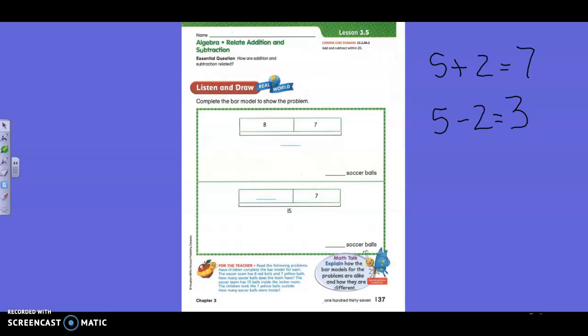Addition or subtraction, do you think? What do you think, Nicholas? We'll add, because we have 8 and 7, right? We have 8, and they have 7 more balls. So altogether we have 8 plus 7 is how many balls, Ellie? 15 balls.